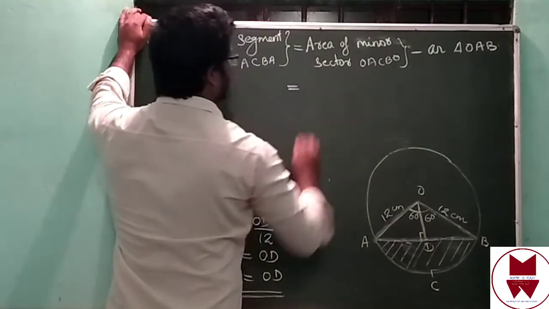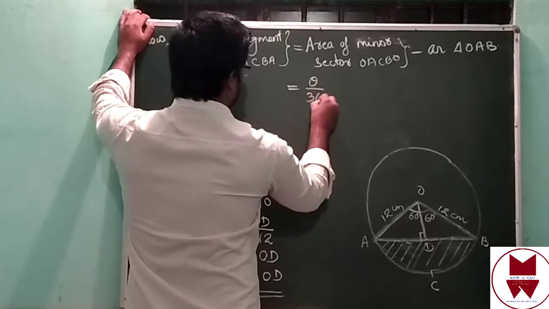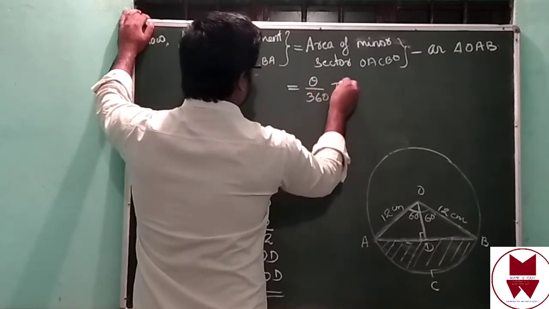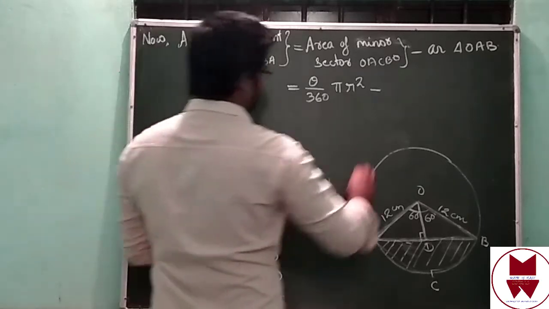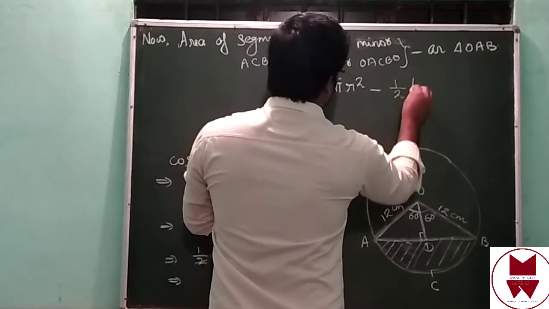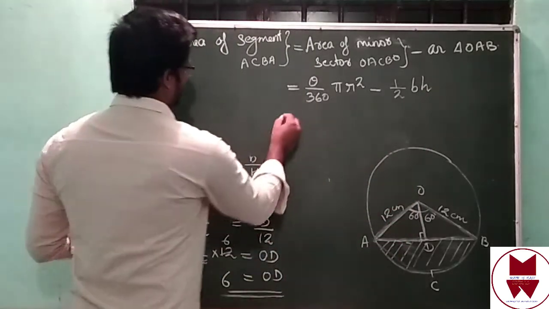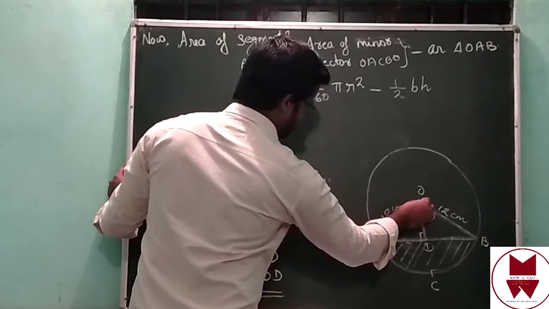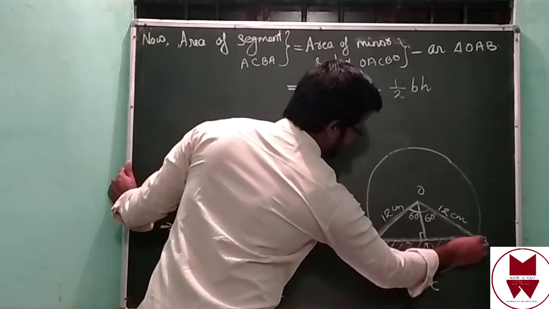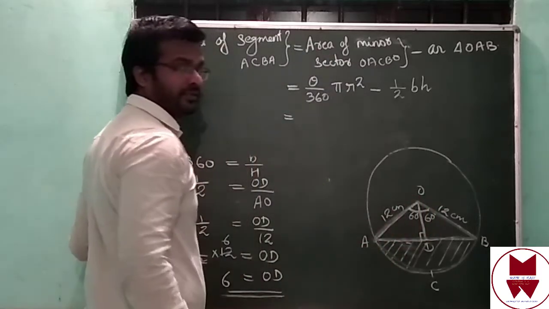Equal to area of minor sector. We already studied one formula, theta by 360 pi r square, minus area of triangle, that is 1 by 2 base into height. Theta means, when you consider this minor sector, theta in total. How much in total? That will be 60 plus 60, 120.